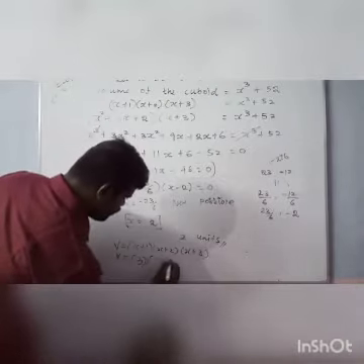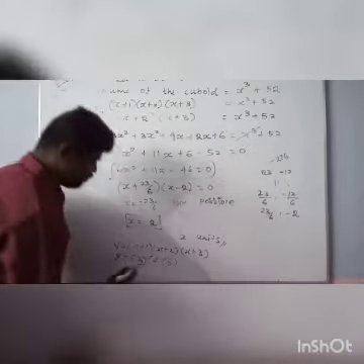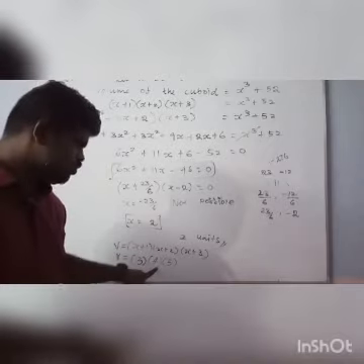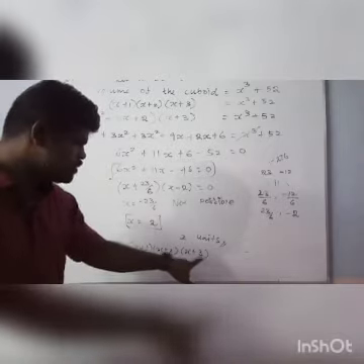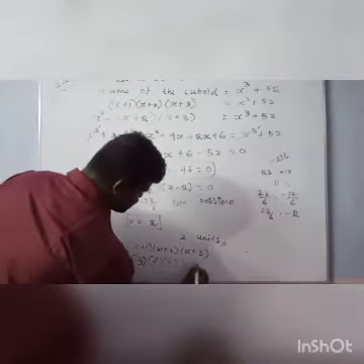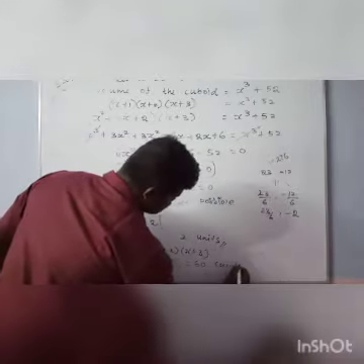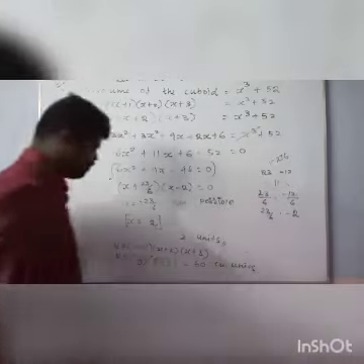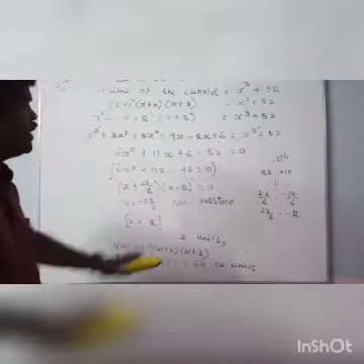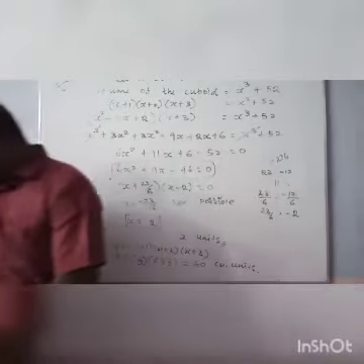Sorry, here 5 and here 4: 2 plus 1, 3, and 2 plus 2, 4, and 2 plus 3, 5. So the total value is 60 cubic units. Okay, right.